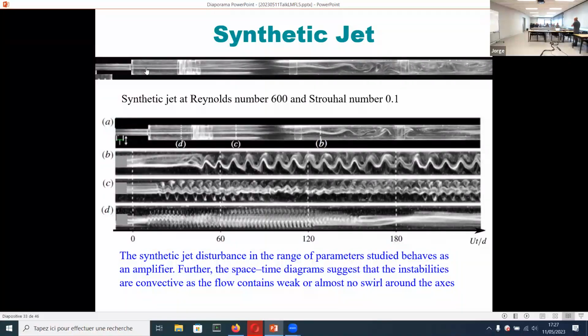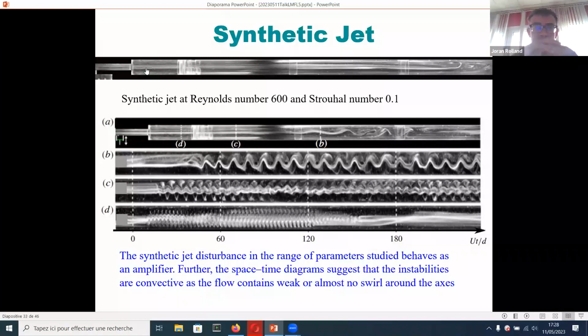How is this value compared to the frequency you are observing here on locations D and B, and how does it change when you change the frequency of your synthetic jet? I don't know if I was clear or not.